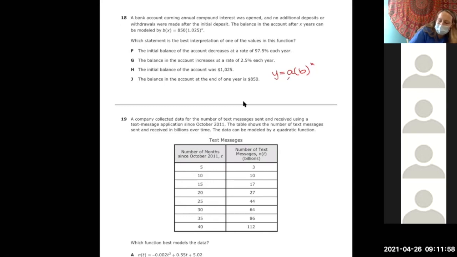So A, the number outside of the parentheses, is your initial amount, okay? B is 1 plus whatever your interest is.